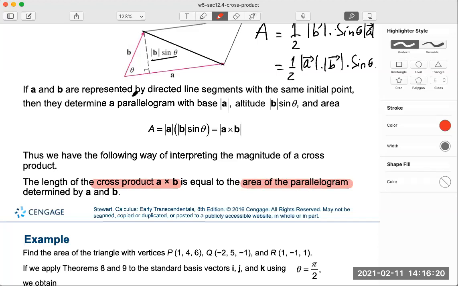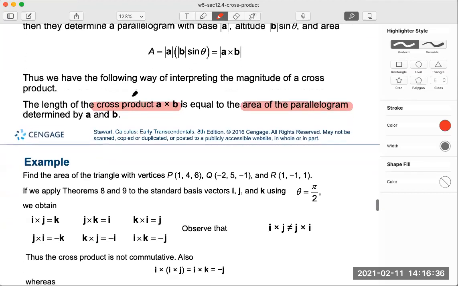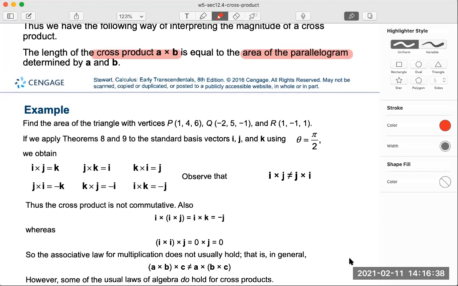This is a geometric interpretation of the cross product. Are we good? People on Zoom, can you follow it? Thank you.